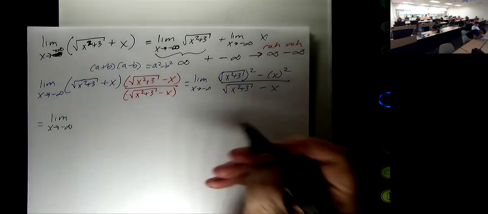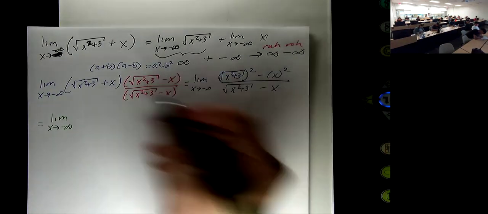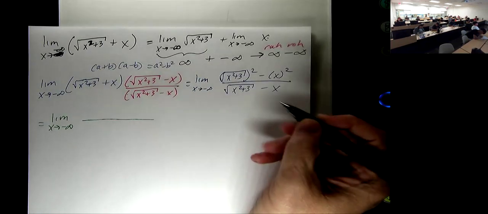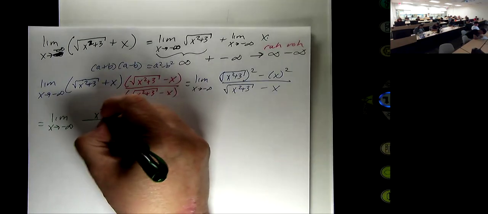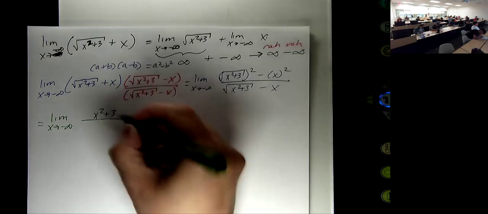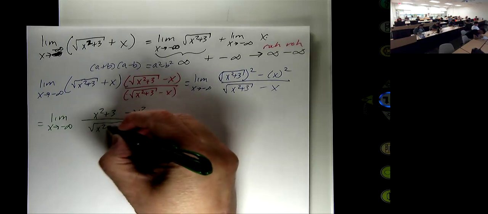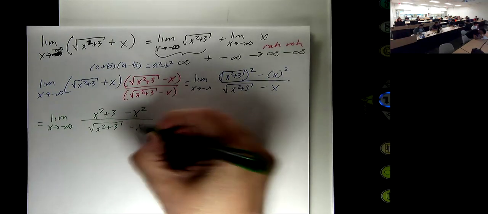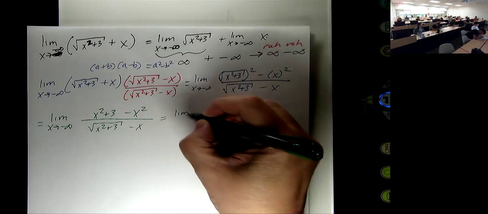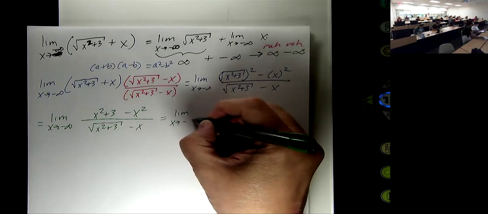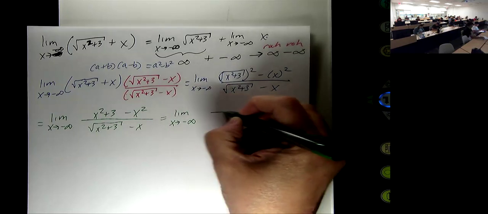You want to keep showing the limit until you're done evaluating it. It's a pain in the ass, I know. That one is x squared plus 3 minus x squared. And so when we clean up the top, we just have 3 on top.